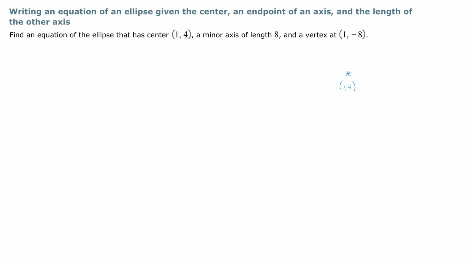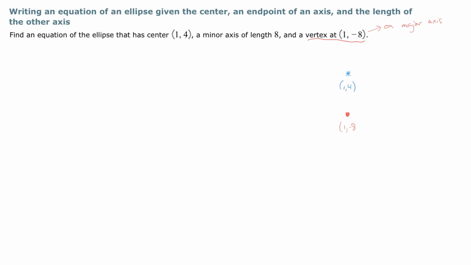A vertex, remember, is an endpoint on the major axis. And the major axis is always longer than the minor axis. So where's (1, negative 8)? Well, let's say (1, negative 8) is here. Let's make a dot and label it (1, negative 8).